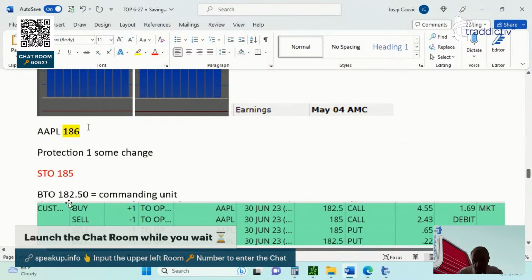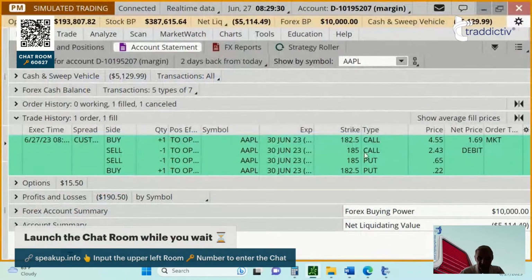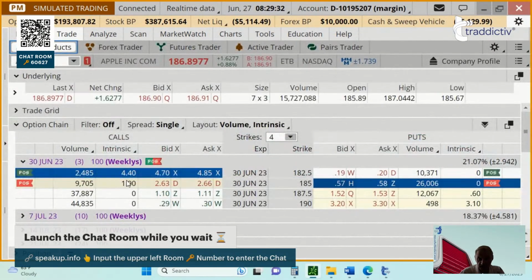If we are sitting here at 186 and this is a 182.50, why in the world are they charging me 4.55? Well, the simple answer, Joe or whoever is here, type in the answer. Why does the market maker charge me $4.55 when the intrinsic value, as you see over here, is only $4.40?